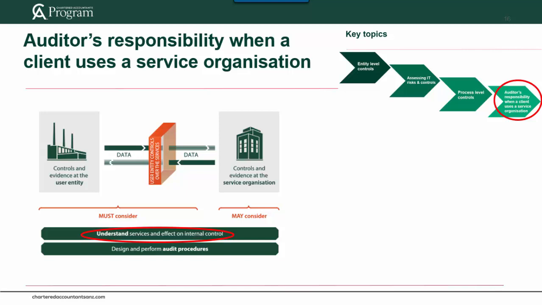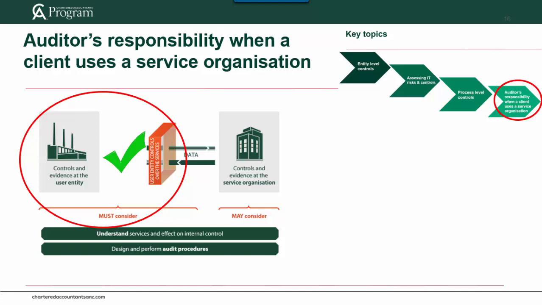Once this understanding of the services is obtained, the auditor must understand the controls the client has implemented over the services provided. If the client has sufficient controls in place on which the auditor is able to rely, regardless of the controls at the service organisation, the risk assessment is complete and therefore the auditor does not need to consider the controls at the service organisation.